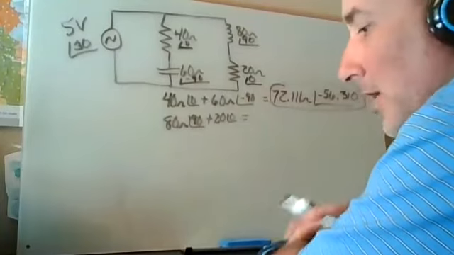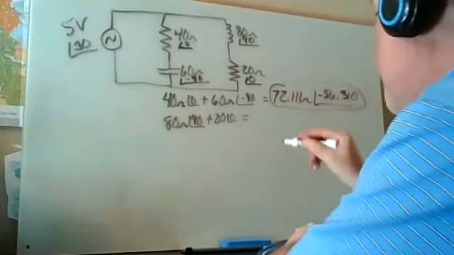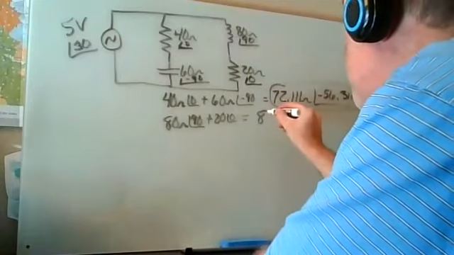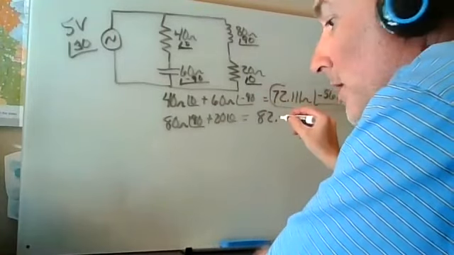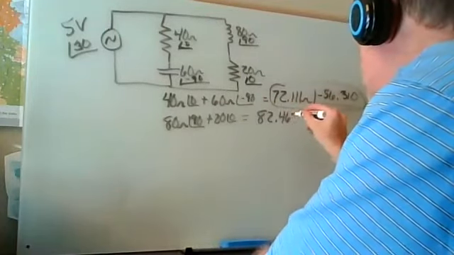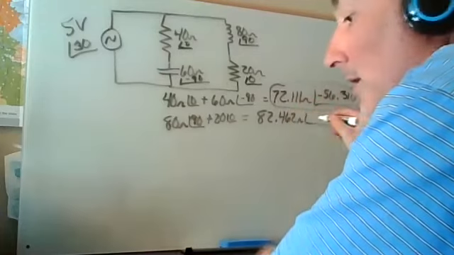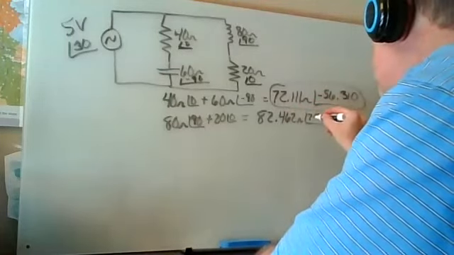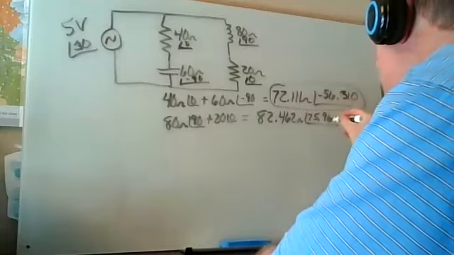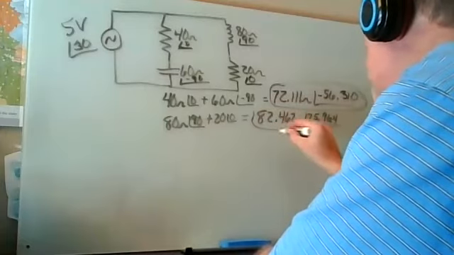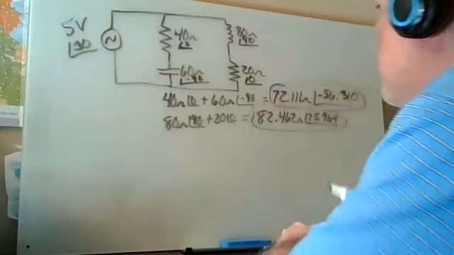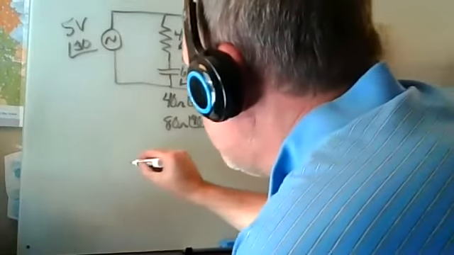And when I punch this one into my calculator, I'm just adding them together. I should get 82.462 ohms at an angle of 75.964. And I'm going to circle that one. And then I'm going to redraw my circuit.